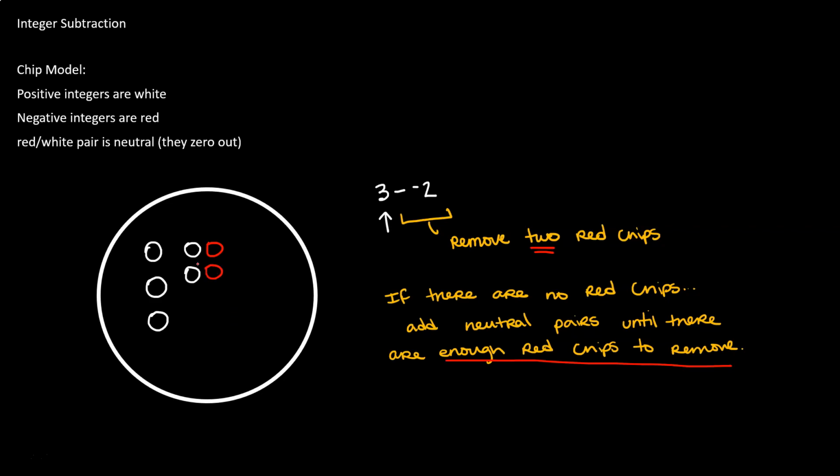Now again, I double check. I've got 2 neutral pairs, so those are like zeroed out. I have 3 positive chips left over. This is still equal to positive 3 in here. But now I can do the subtraction part. So we just set up the model so that we are able to remove the 2 red chips.